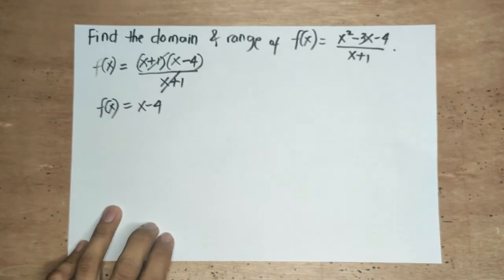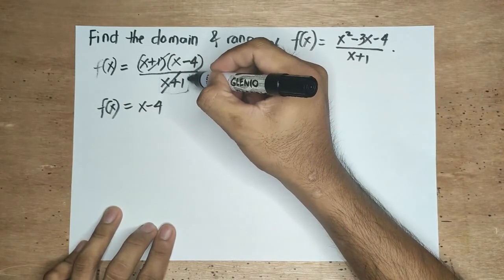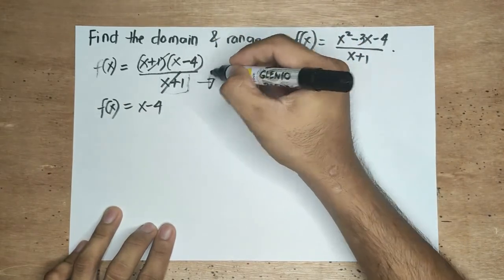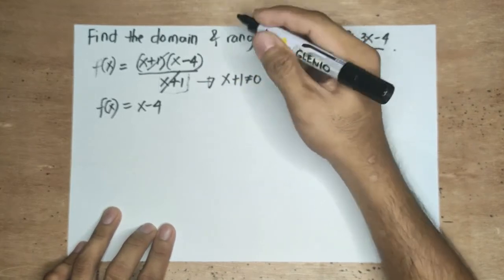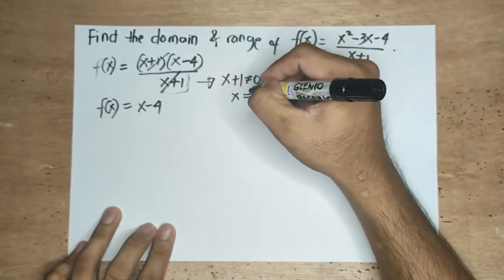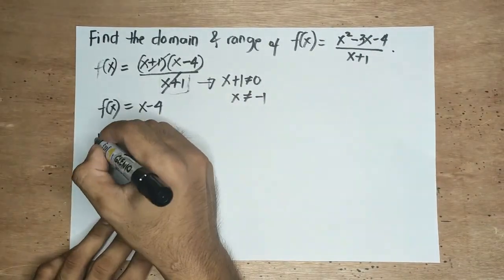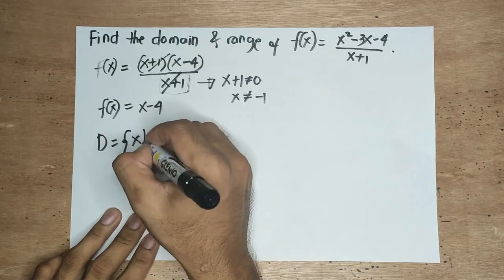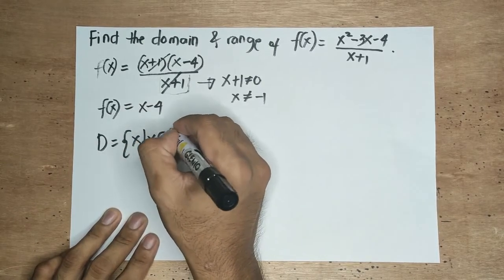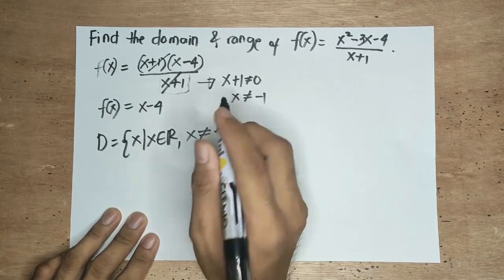But even if simplified na siya, we will still consider this one. It will still be undefined. The function x minus 4 will still be undefined at x equal to negative 1. So ang domain pa rin natin, kahit na simplified na siya, ay set of all x's such that x is an element of real numbers, comma, x is not equal to negative 1.